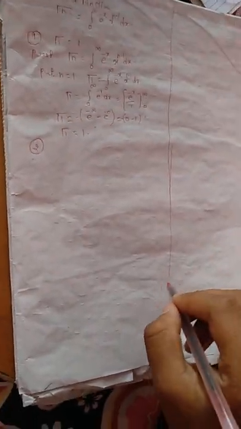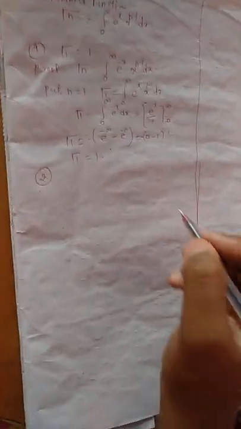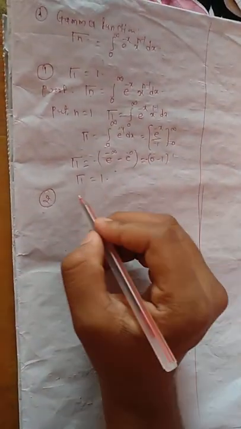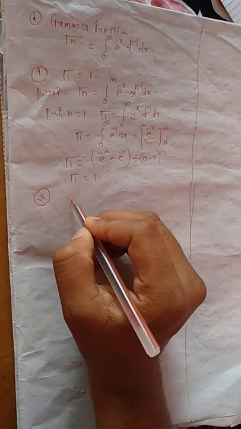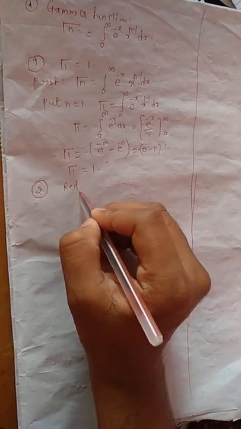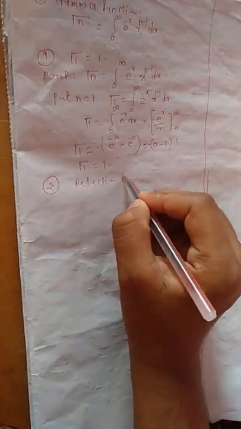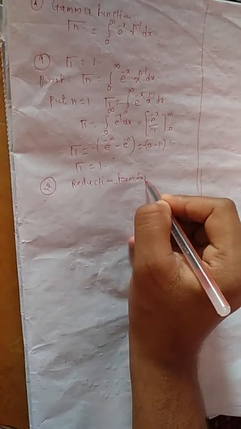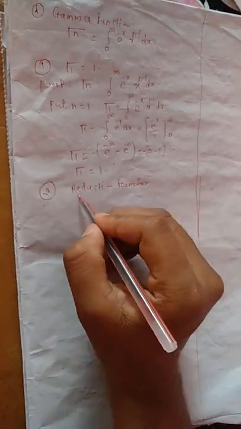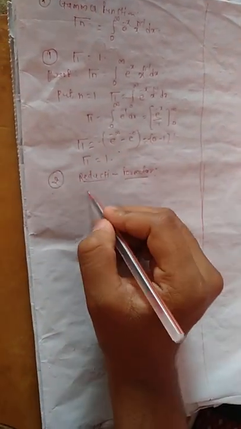Now we will understand the second property of gamma function, that is the reduction formula for gamma function. What is that?